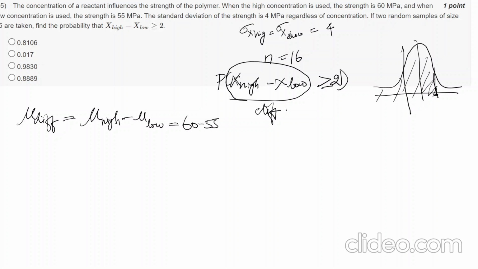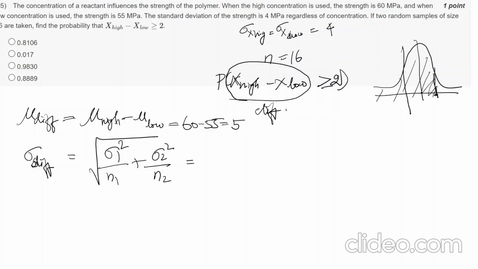Then for this z score, we need to know the two parameters, which are mu and standard deviation. So the standard deviation of the difference is given by the square root of sigma 1 square plus sigma 2 square.